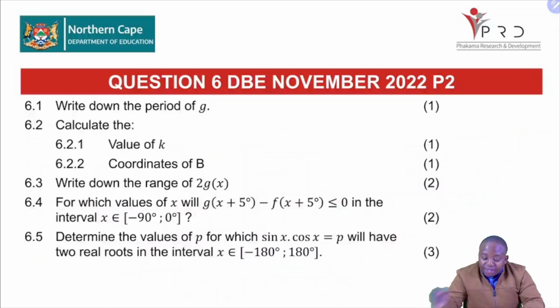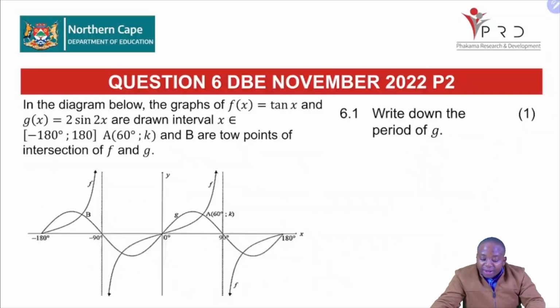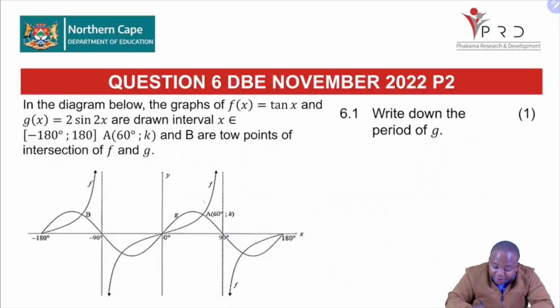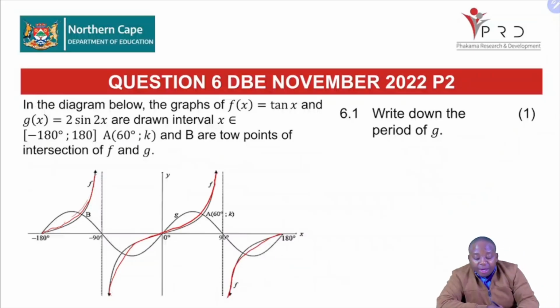Welcome back, grade 12. Now let us look at question 6. Now 6.1, we are told that in the diagram below, the graph of f of x, which is equal to tan x, so we can see there's a tan graph there. So you must be able to identify that tan graph, the one that I'm highlighting nicely there in red.